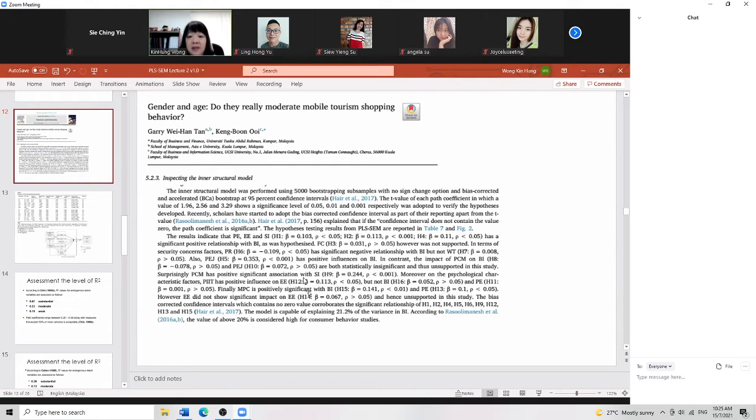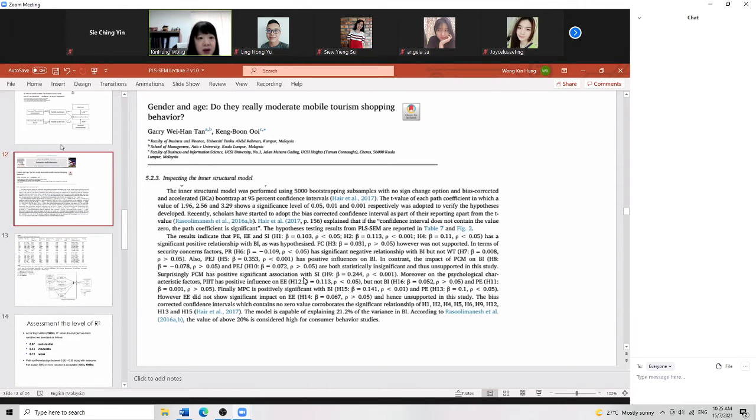All right. Okay. So the model is capable of explaining 21.2% of the variance in BI according to this. Okay, a value above 20% is considered high for consumer behavior studies. Okay, so this is the way we interpret and then you generate your results.